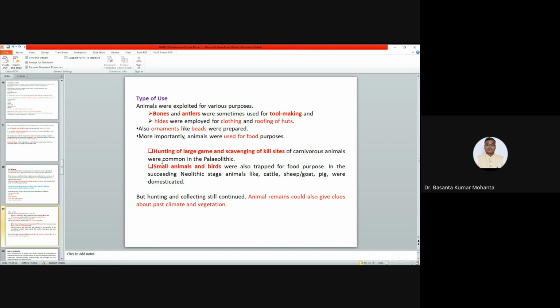So the evidence of different animals found at different archaeological sites helps us to know the relationship of human beings with their surrounding environment. It helps to reconstruct the past culture and to know the paleoenvironment.